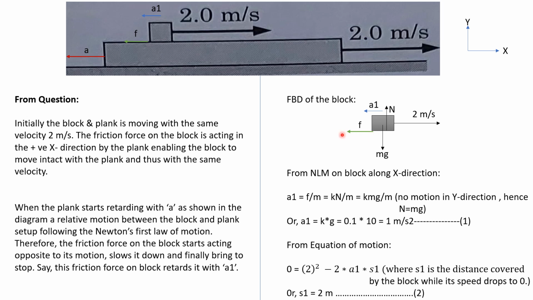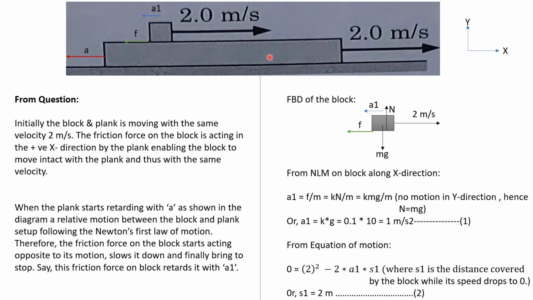Small f is the friction force, and this 2 meter per second is the velocity at which it was moving initially before this friction force in the opposite direction appears. Initially, since both are moving together, the friction force was enabling this block to move together with the plank with the same velocity. So the friction force was acting in the forward direction. That is why it was moving with 2 meter per second together with the plank.